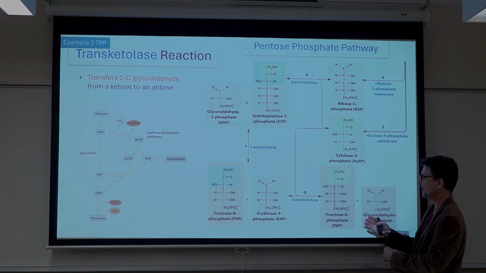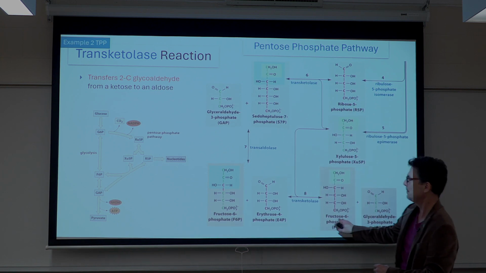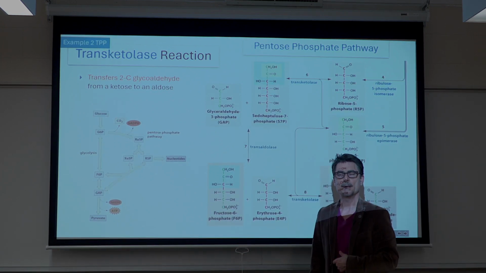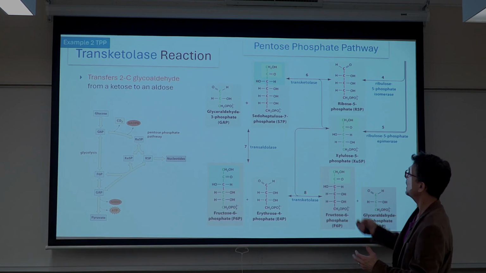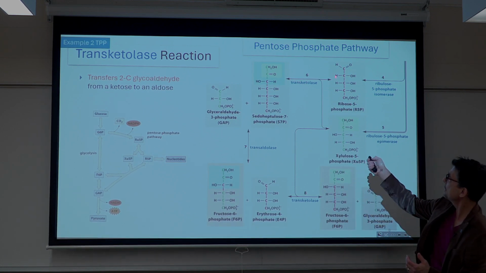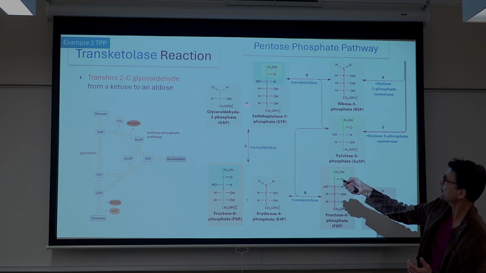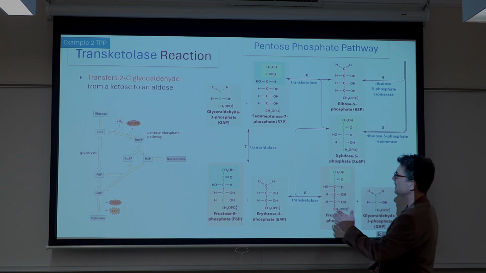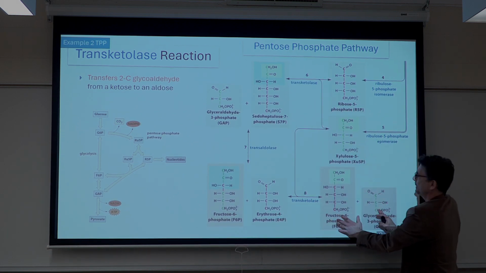And so we've got glyceraldehyde 3-phosphate, fructose 6-phosphate, and fructose 6-phosphate coming out at the end. So the ones in beige are the ones that we end up with. So what the transketolase does, if you look at it, transketolase is involved in this reaction where you take these 2 molecules to produce these 2 molecules. And transketolase will take this molecule and this molecule and make these 2 molecules.